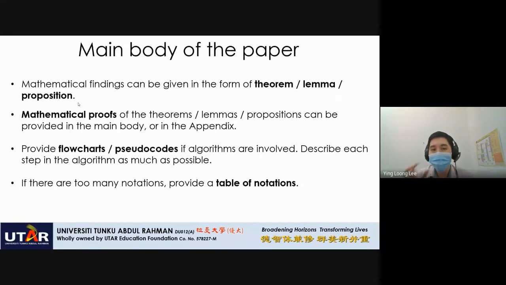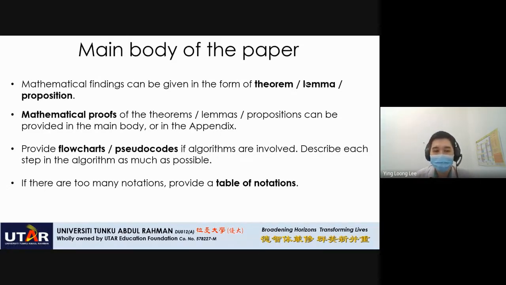If you have findings like this, where you have developed a new equation and you have a proof that the equation is valid for a certain situation, you can write it in the form of a theorem: Theorem 1, write the statement, and then write the proof.